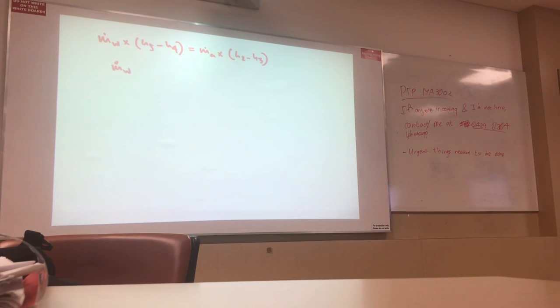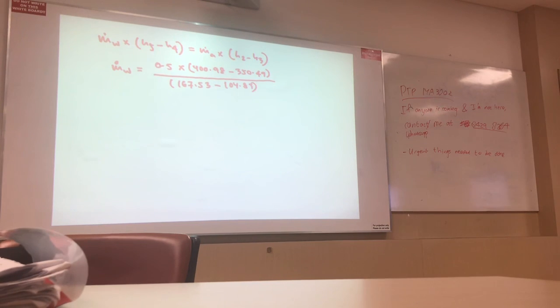What is m dot air here? 0.5 times 400.98 minus 350.49, divided by H5, 167.53, minus H4, 104.83. Then I can find m dot water is 0.403 kilogram per second. This is the answer.